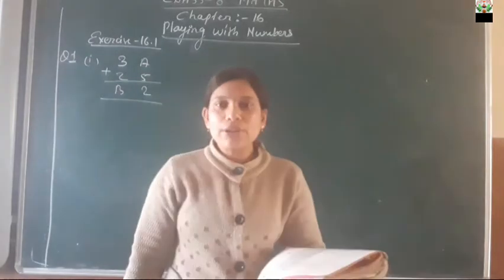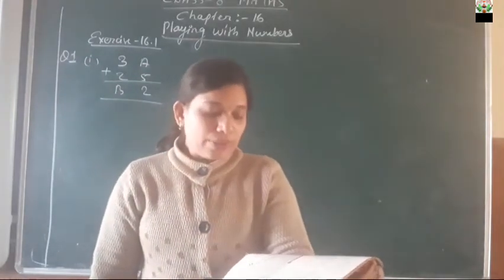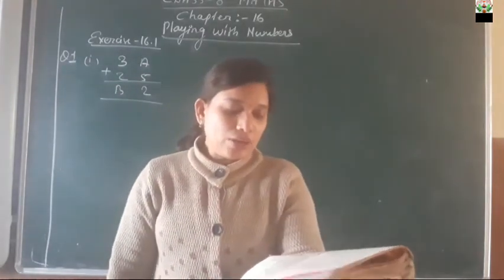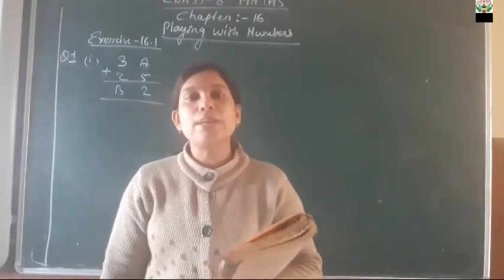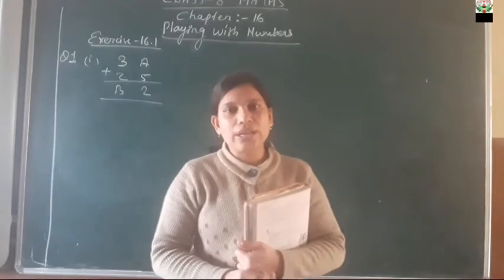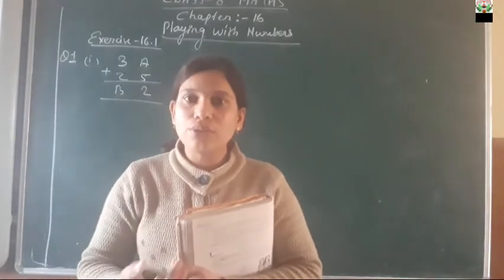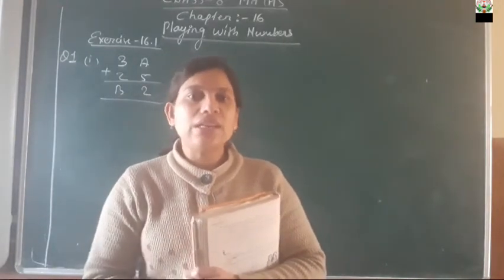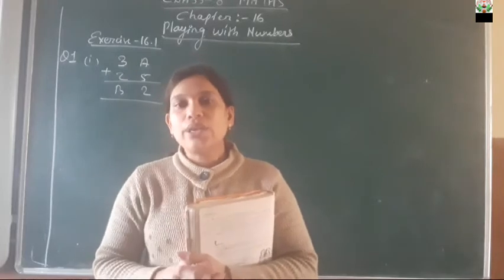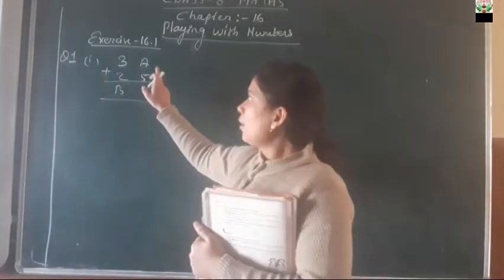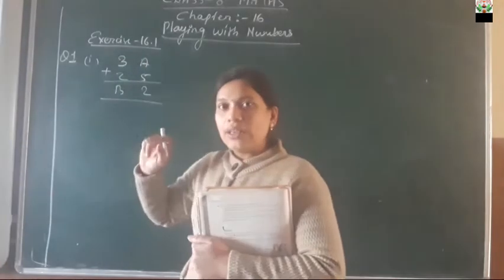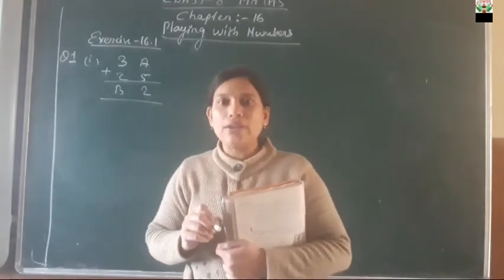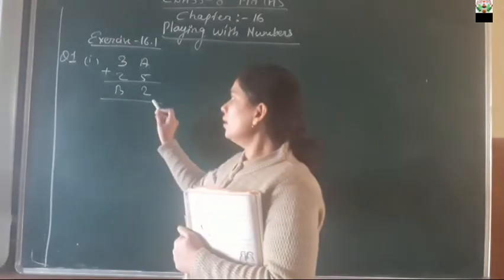So what does question number 1 say? It says find the value of the letters in each of the following and give reason for the steps involved. We have to give the reason, but we are not going to give it as we are doing the steps directly over here. So you have to put a value of a in such a way that the value of a added with 5 gives 2.